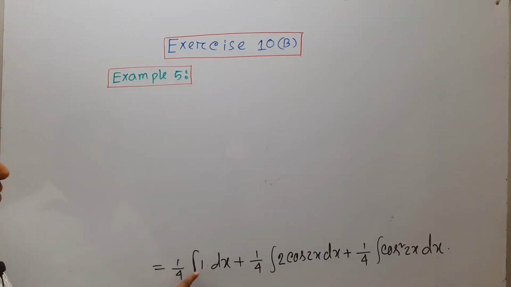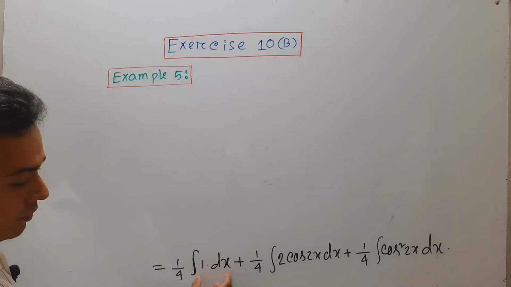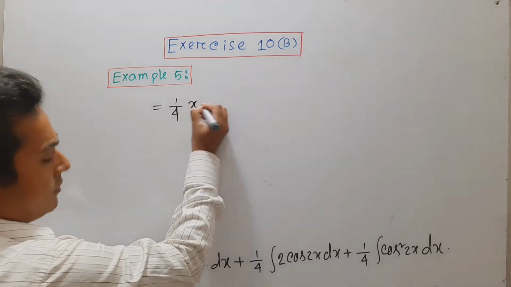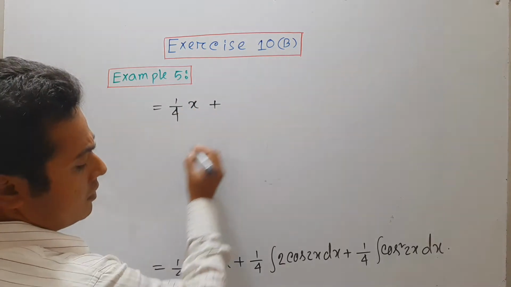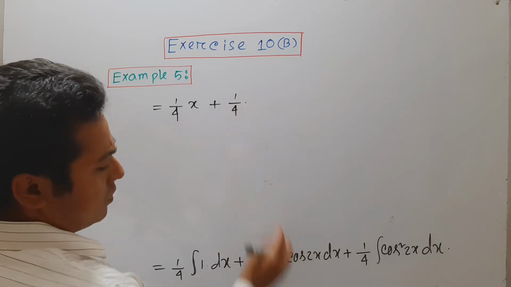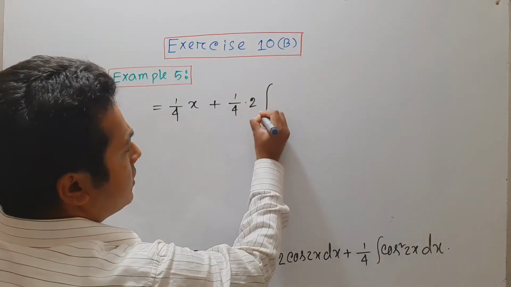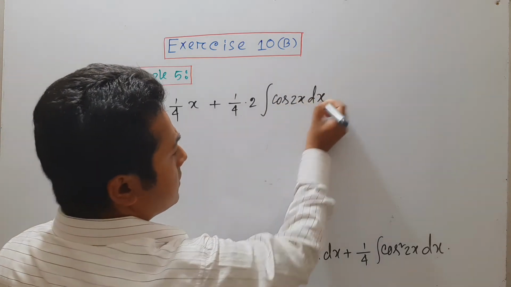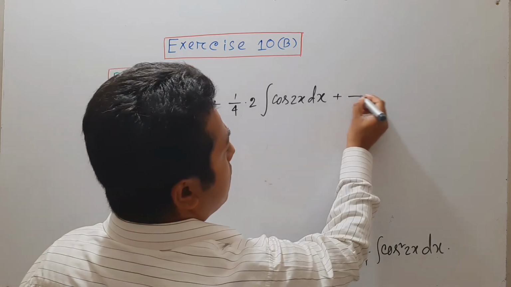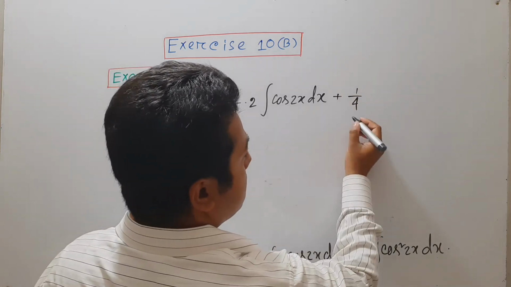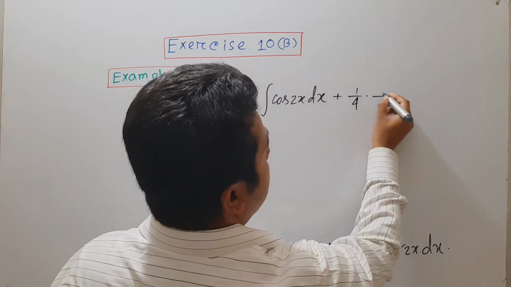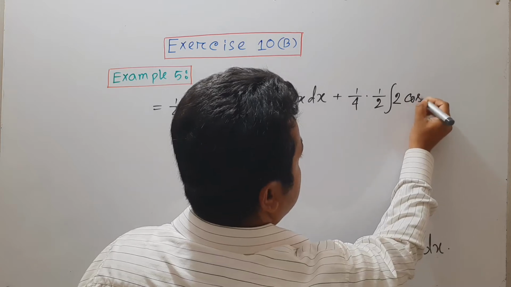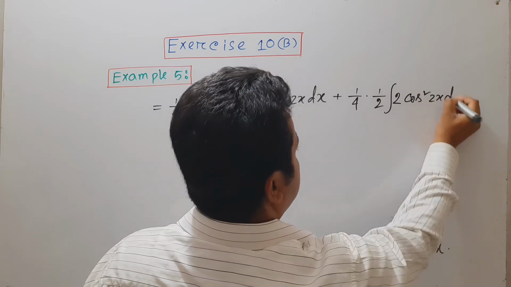Dear students, the integration of this portion is equal to 1 by 4 x plus 1 by 4 into 2, then integration of cos 2x dx plus 1 by 4 into 1 by 2 into 2 cos square 2x dx.